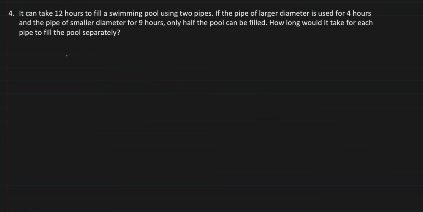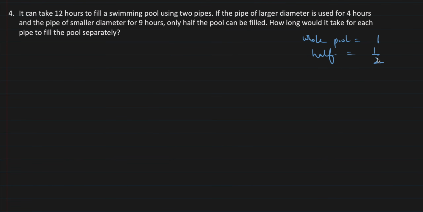Okay, so let's begin with the question, and I hope you know that time and work are inversely proportional. So we'll try to solve it. So when the pipe is filling the swimming pool and the swimming pool is filled fully, we say the whole pool, I'm taking it as 1, and half of the pool is filled, we are taking it as half.